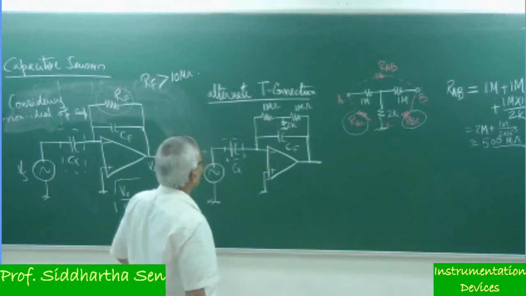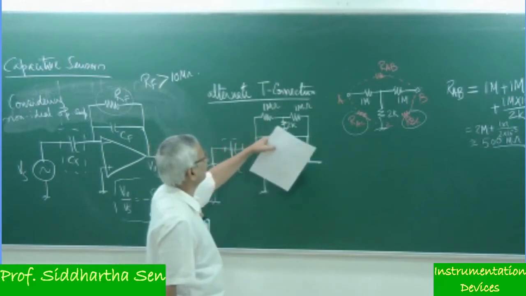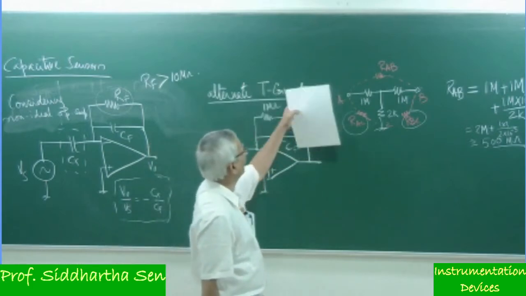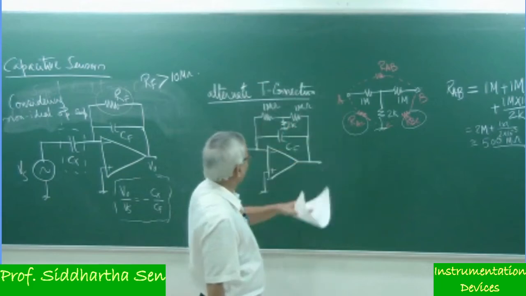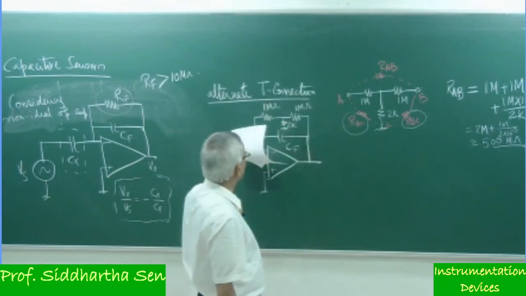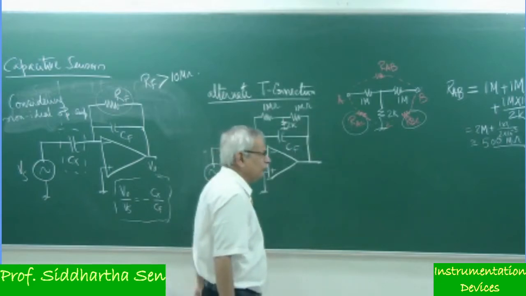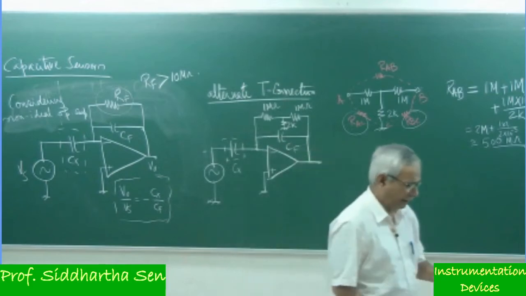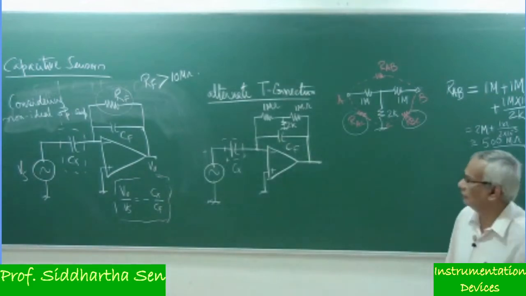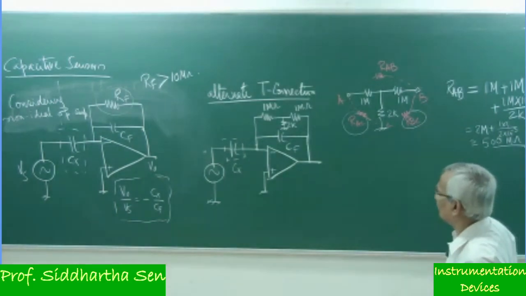And naturally, in the AC circuit, this one will not at all come into the picture because of the high value. And this will only be providing a DC path for this input bias current. So I think you just try to remember these things, and we have this advantage of it.